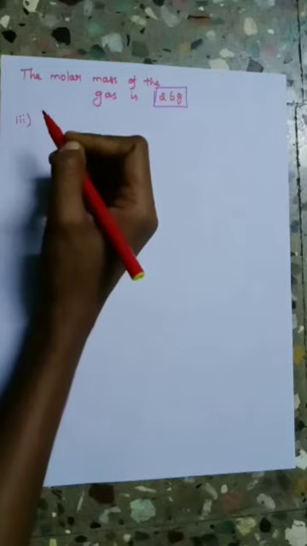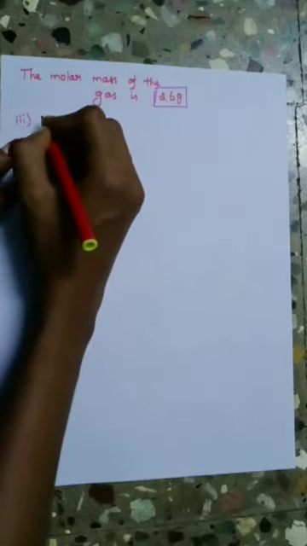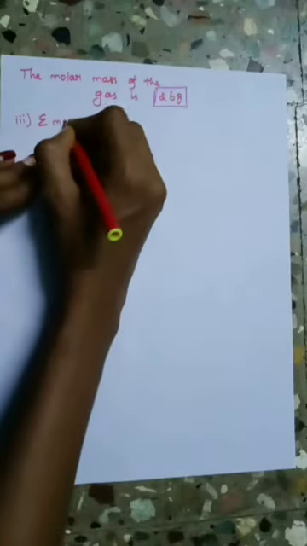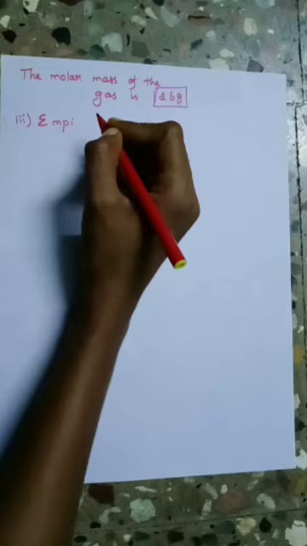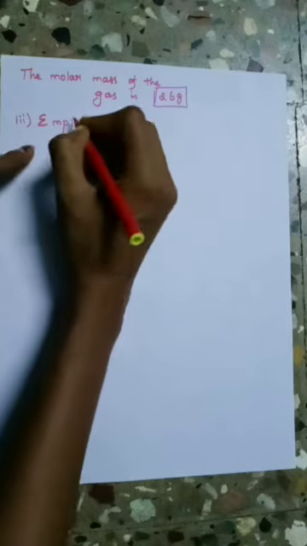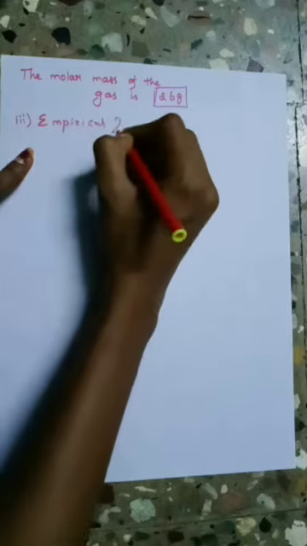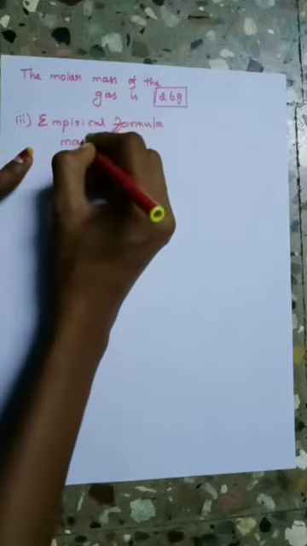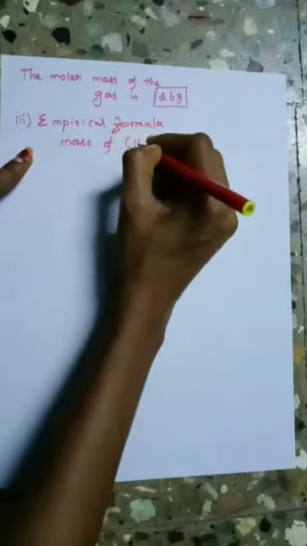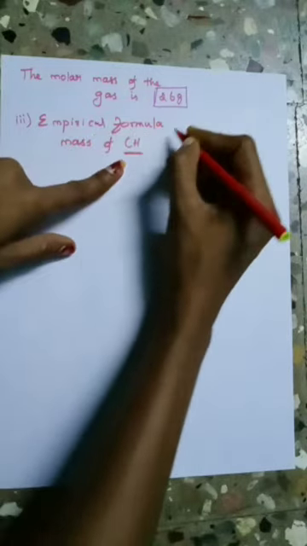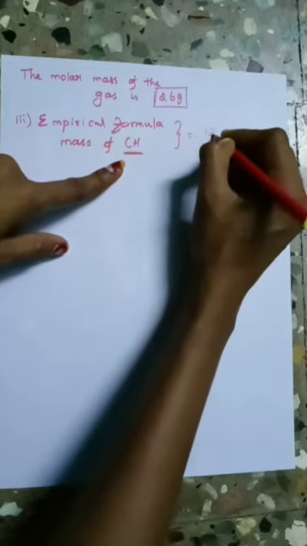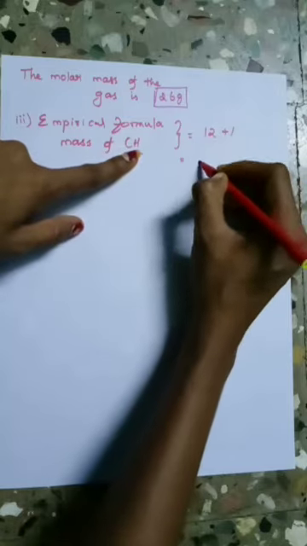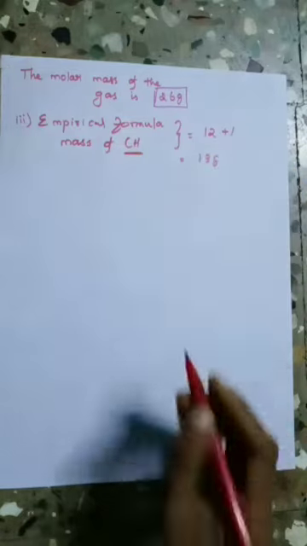We already know the empirical formula is CH. We have to find the mass of the empirical formula CH: 12 plus 1, 12 for carbon and 1 for hydrogen. So we found 13 gram.